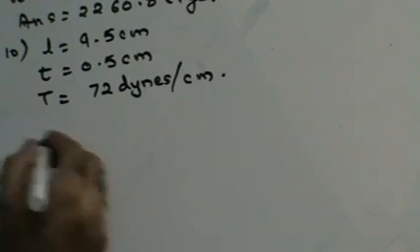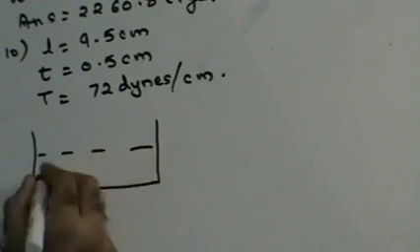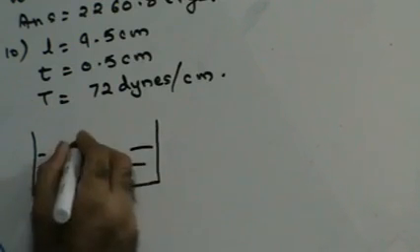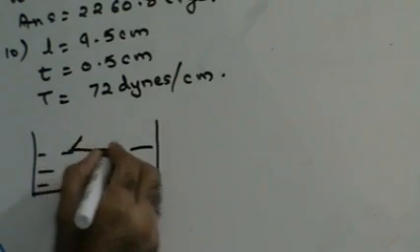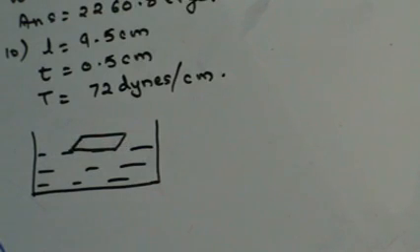Now this is your beaker, a trough containing water. If I want to suspend a plate on this surface, what will be the total length of the plate that will be in contact with the water surface? The total length of the plate in contact with the water surface will be the perimeter of the plate.